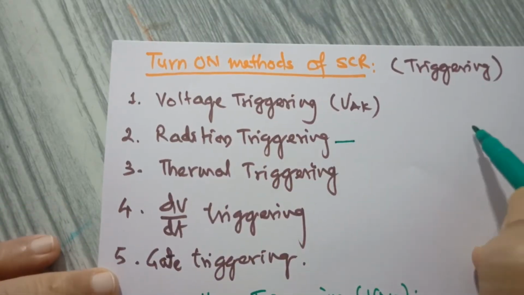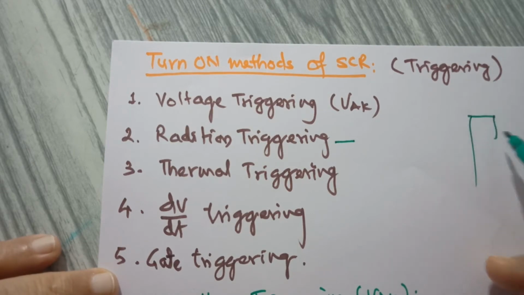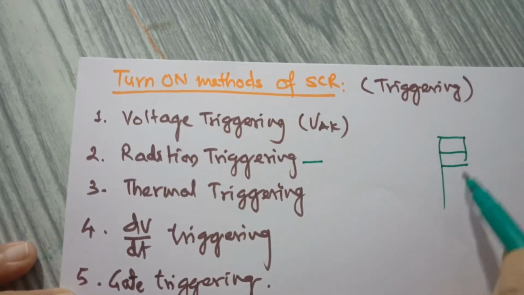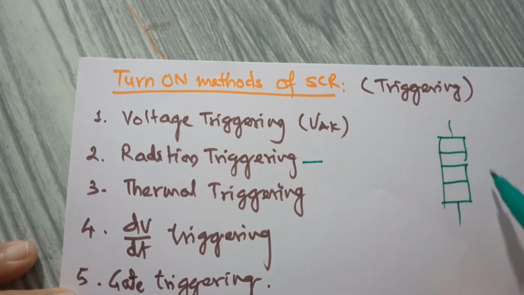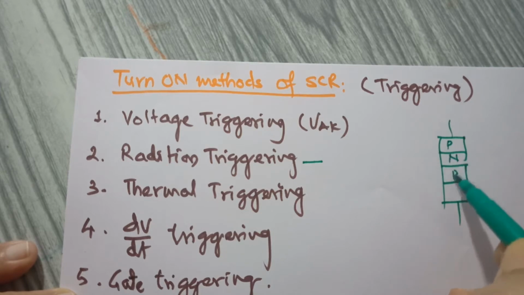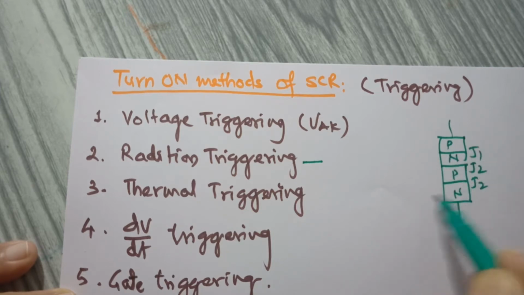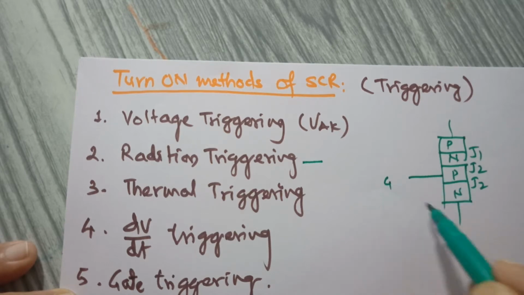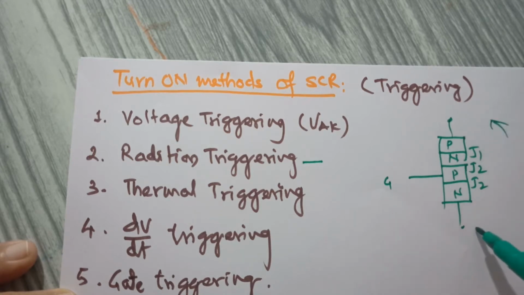In this case, we have seen that the SCR has three junctions and four layers, PN junctions J1, J2, J3, and this is the gate, and this is the anode and cathode.